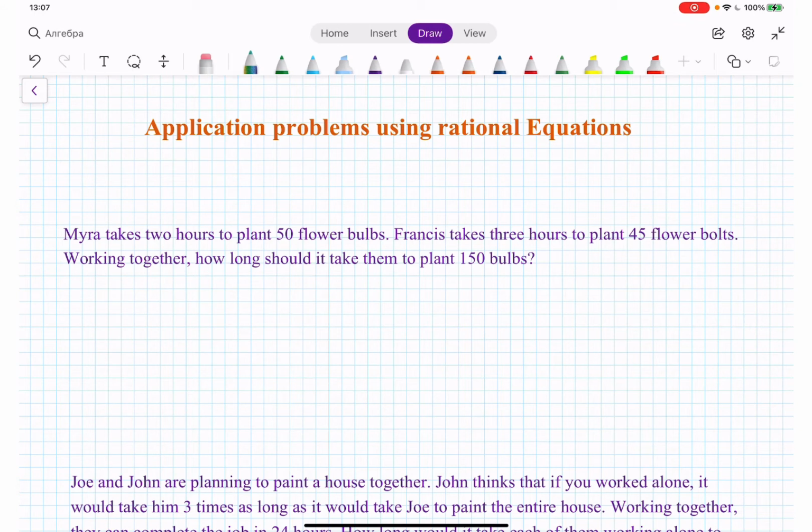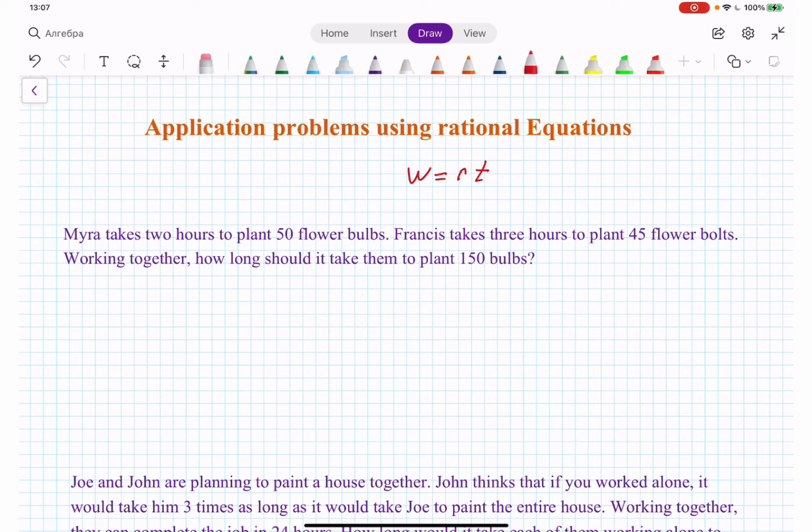Algebraic models of such situations often involve rational equations that derive from the work formula, and the work formula is W equals R times T. Some work problems include multiple machines or people working on a project together for the same amount of time but at different rates.